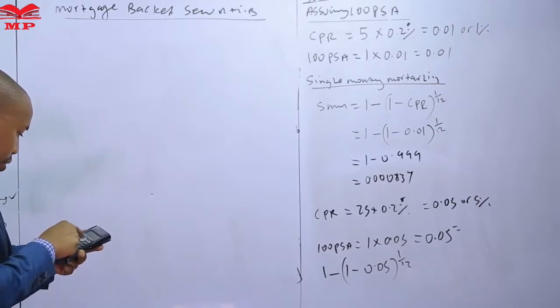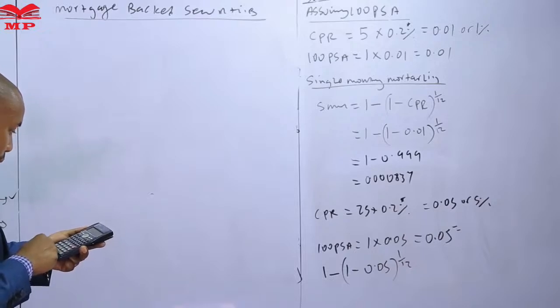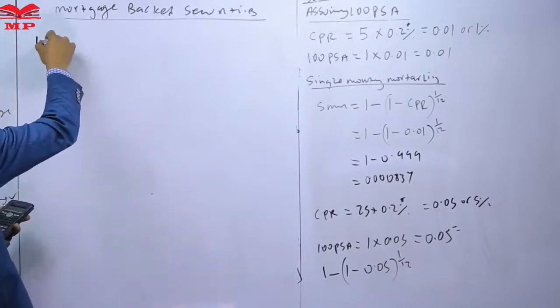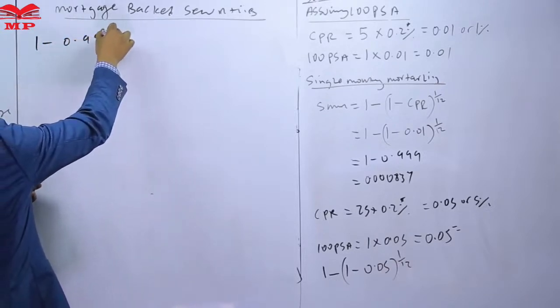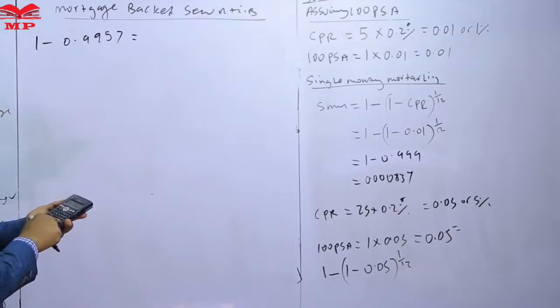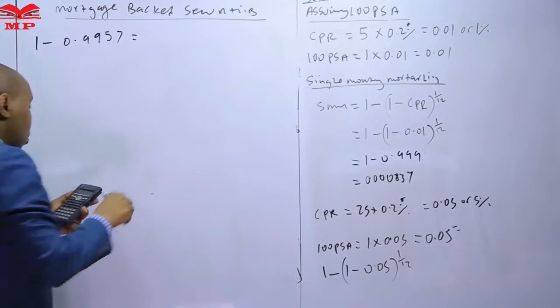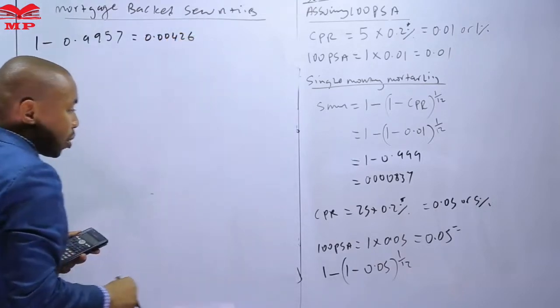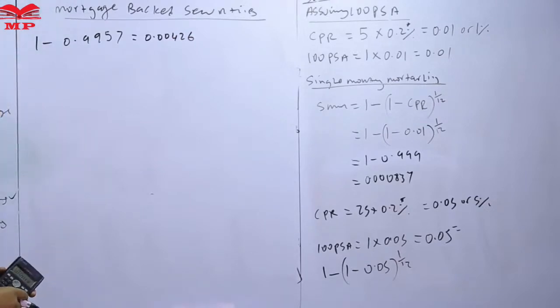We have 0.9957, then 1 minus 0.9957 gives us how much? 1 minus answer, you get 0.00426. That is how we compute the single monthly mortality.